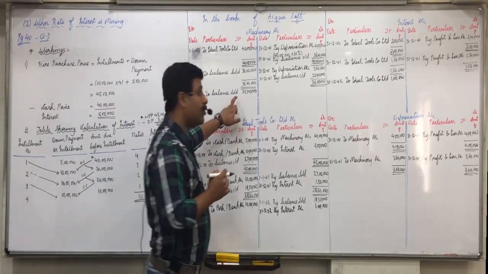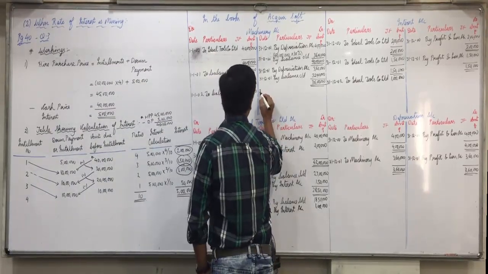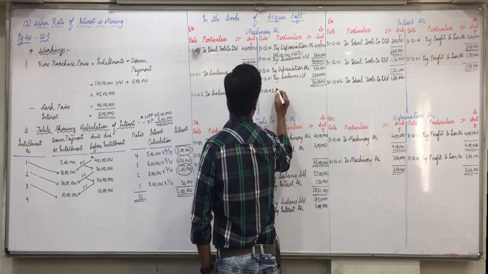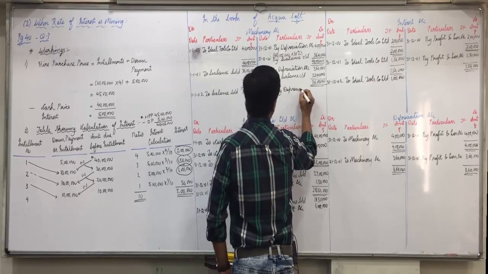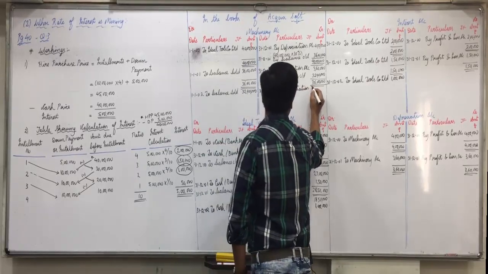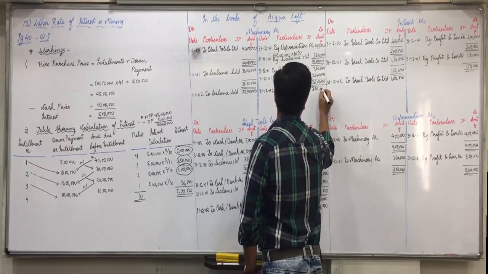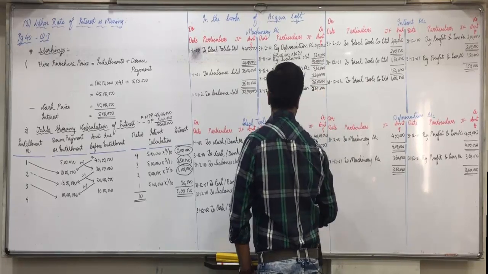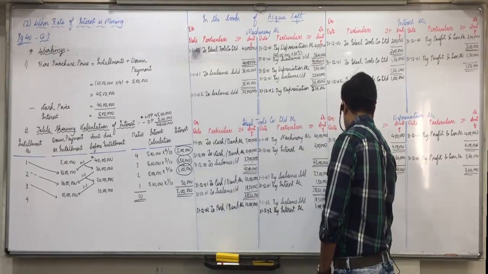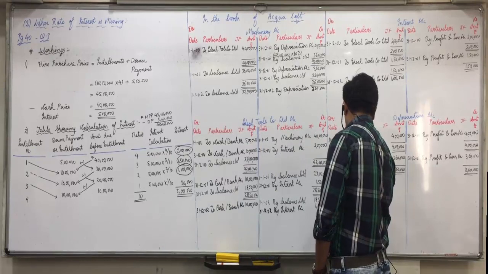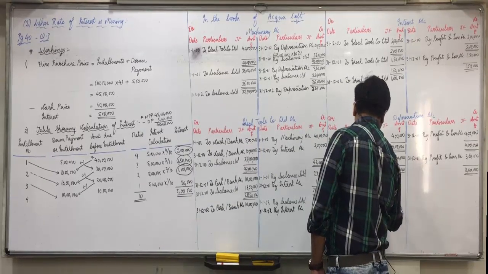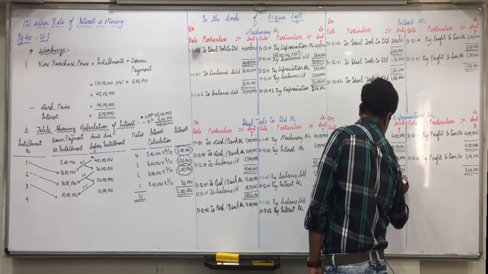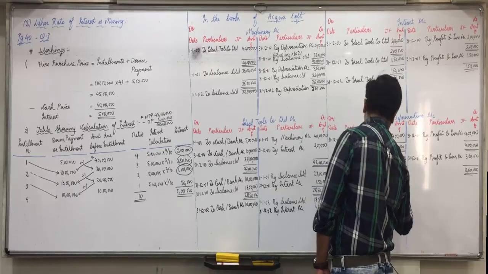What will be the depreciation amount? 3,24,000. Depreciation to machinery, so credit side 31/12/02 by depreciation account, 3,24,000, and depreciation account debit side 31/12/02 to machinery account, 3,24,000. Are you all clear with this?